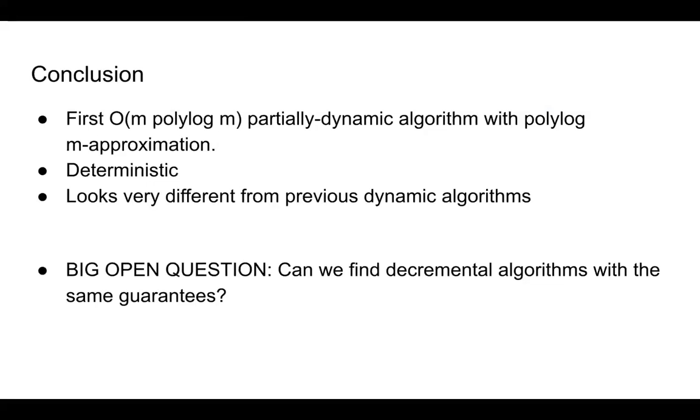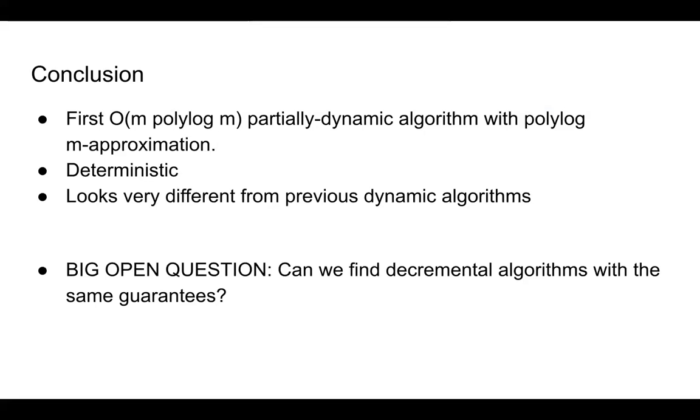Okay, let me give a very brief conclusion. What you've seen is the first algorithm in the partially dynamic setting, no matter which adversary model you use, that achieves m polylog m update time and polylog m approximation. Our algorithm is even deterministic, which means it works in the strongest model.